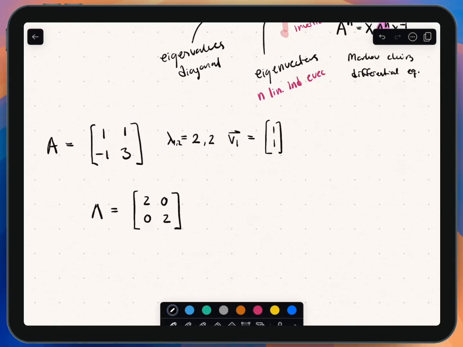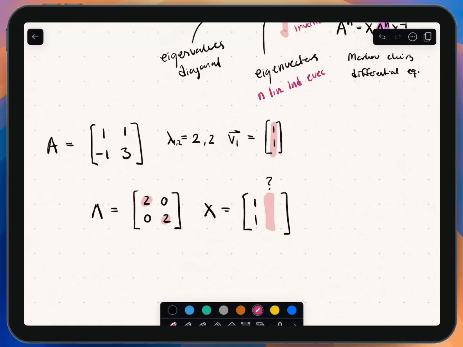We have the repeated eigenvalue right here. And then for our X, we would say, oh great, we'll just put this first eigenvector in the first column, but then comes the problem. What do we put in this second column right here? So this is the issue. We can see that we're missing an eigenvector. We only have 1, but we wanted 2.